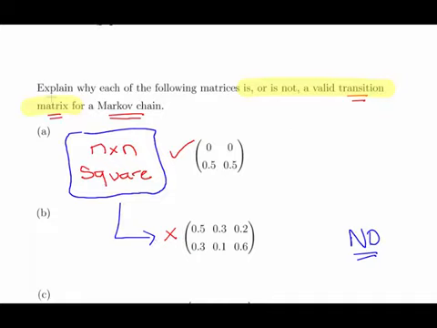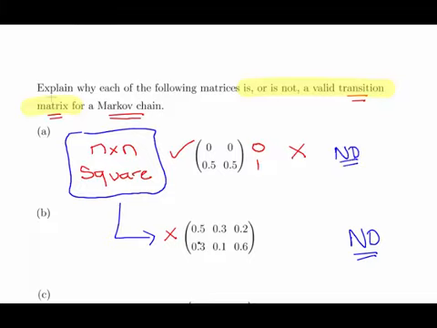A second thing is that the row sums should add up to 1, okay? And straight away, we have a 0 there and a 1 there. Now, these should all equal 1. All the row sums should be equal to 1. So in this case, that is a no there, because the row totals do not add up to 1 in that particular case.